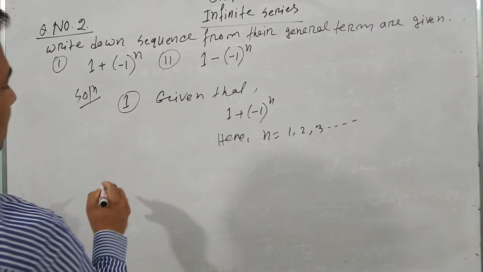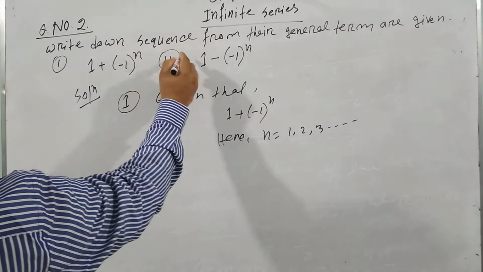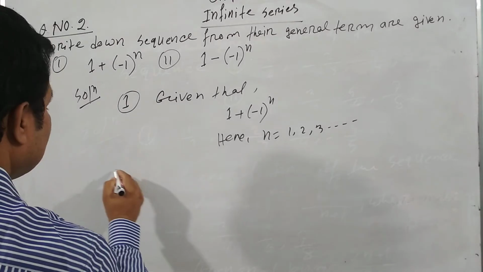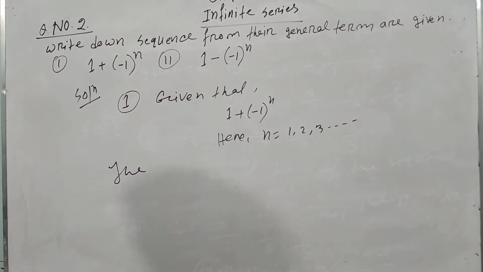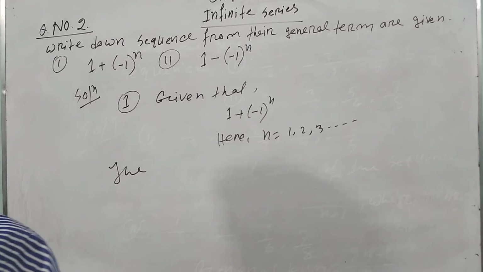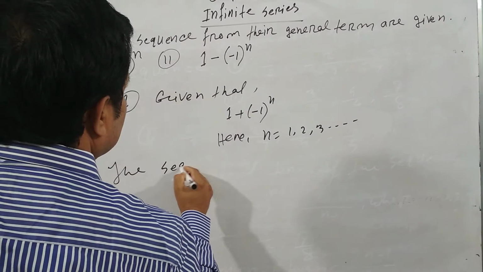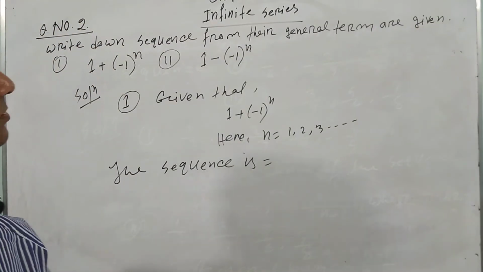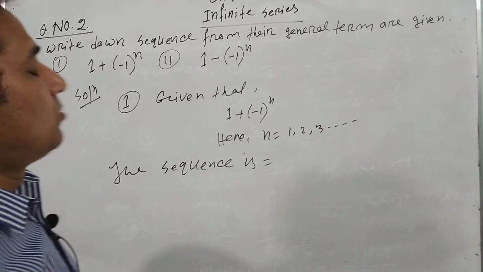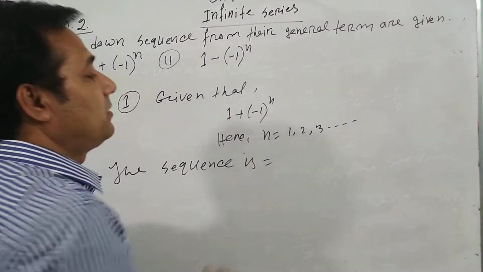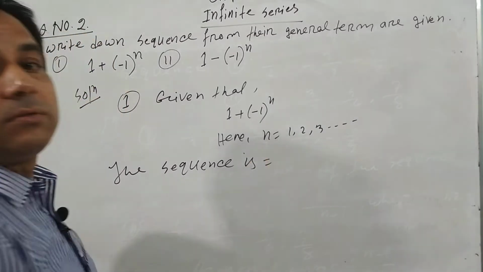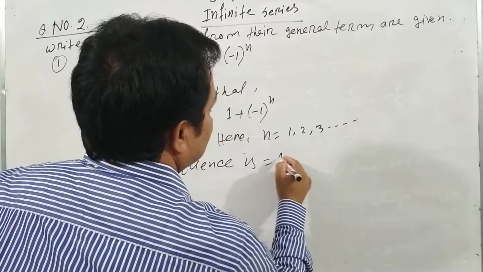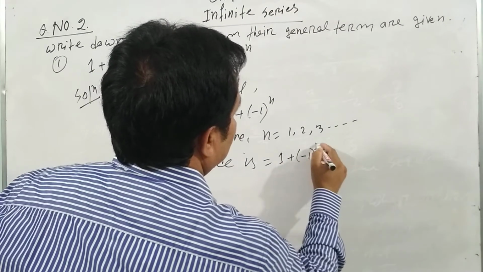Here the sequence from their general term is, we have to put the value of n as 1, then 2, then 3 here. Number first, 1 plus minus 1 to the power 1.